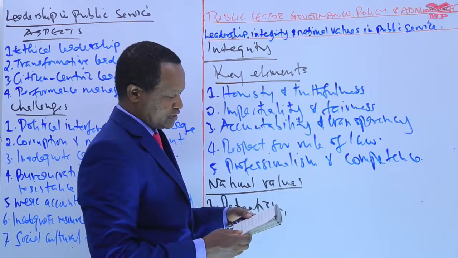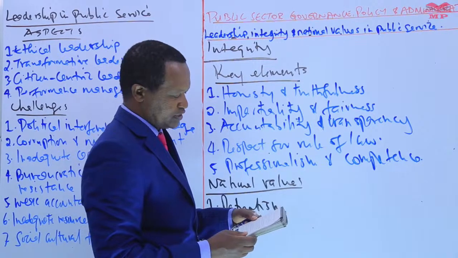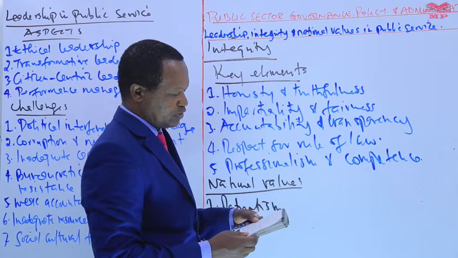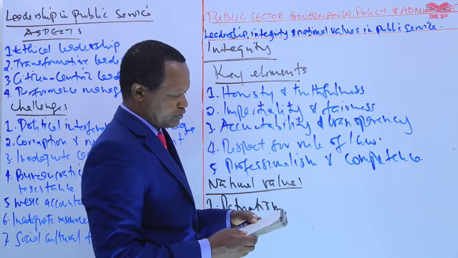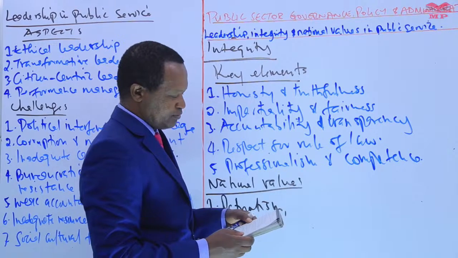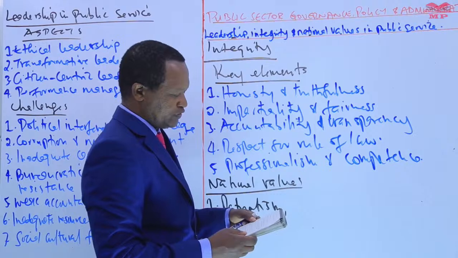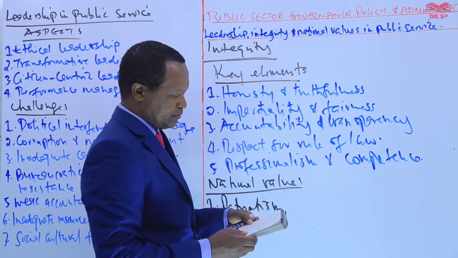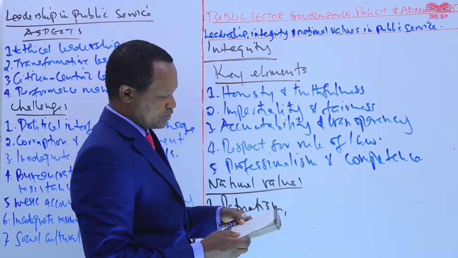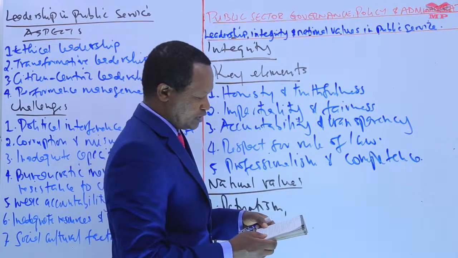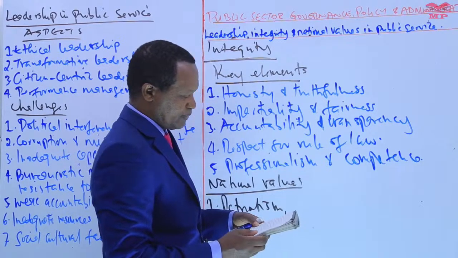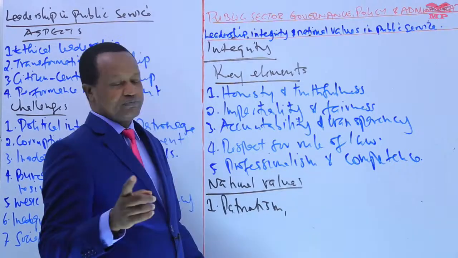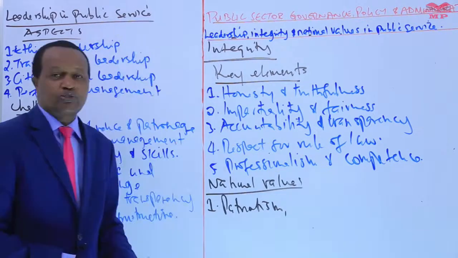It reads that the national values and principles of governance in this article bind all state organs, state officers, public officers, and all persons whenever any of them applies or interprets this constitution, applies or interprets any law, or makes or implements public policy decisions. The national values and principles of governance include A, patriotism. So patriotism is the first one.